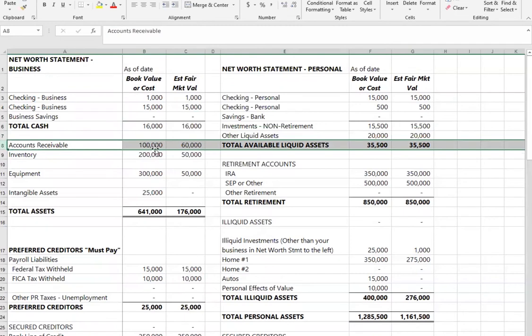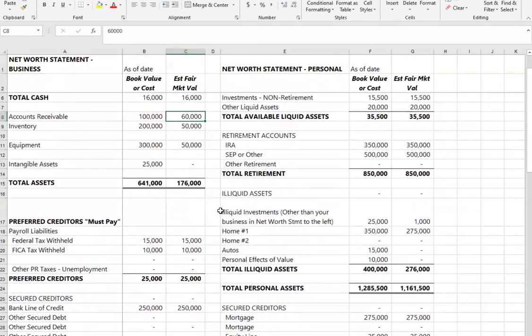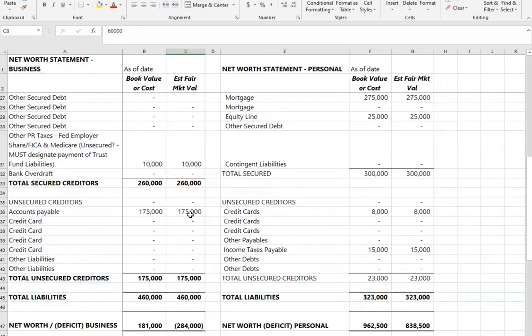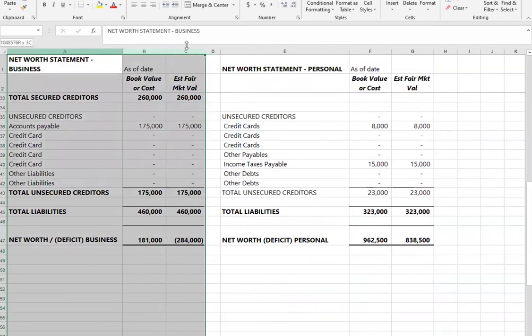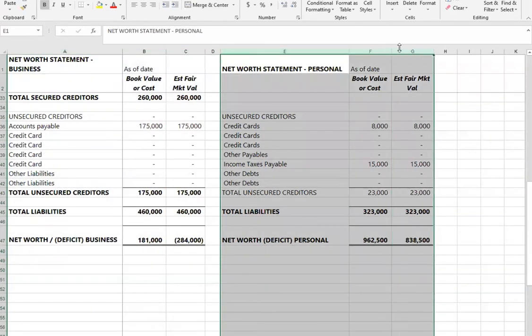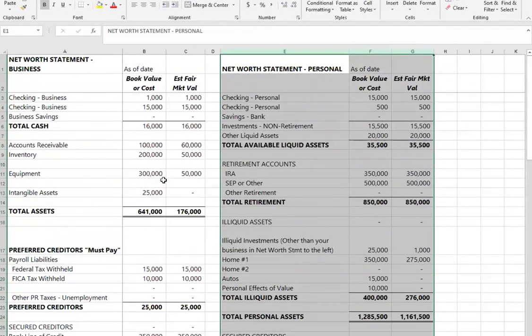For example, they may be worth $100,000 on the books, but only collectible to $60,000 in the next 13 weeks or so. Inventory might be the same way. And then keep up with, ultimately, you're working toward your net worth. I say do this for your company and do it for your personal, and work with your accountant, your attorney, to make sure you don't spend your personal money improperly in protecting your business.